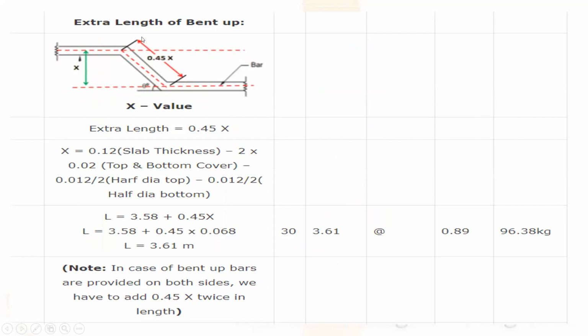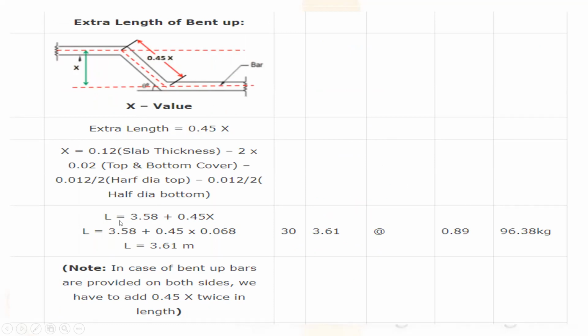See, this is a bent up at 45 degree. This is the x, this is the value. Extra length is equal to 0.45 into, here we consider a 12 mm bar, and slab thickness minus 2 covers, that is the top and bottom cover.